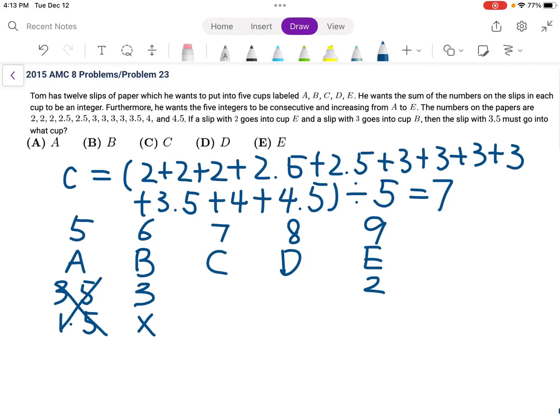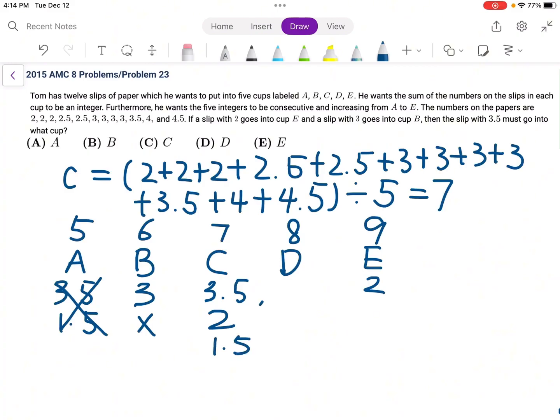Then if 3.5 is in C, then it's left with 3.5. There's only one 3.5, so there has to be another 2, and the smallest number given is 2. So if there's 3.5 and there has to be another 2, and there has to be another 1.5.